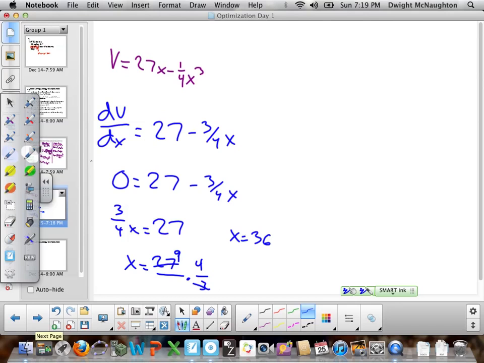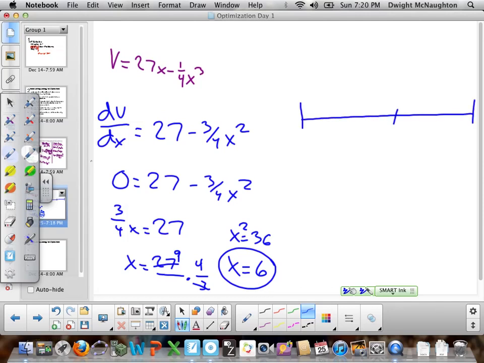So x squared equals 36. So x equals plus or minus 6. We already talked about it's not negative 6. So x equals 6. Let's make a sign chart to check it off. The derivative between 0 and 6, if I stick 1 into this equation, I get 27 minus 3/4, that's positive.